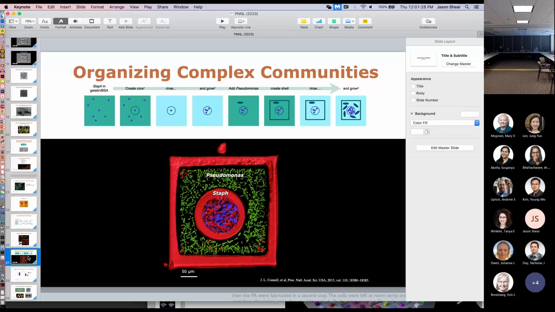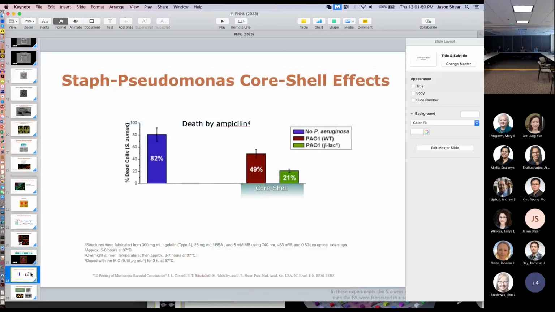And keep in mind, these are three-dimensional, they have roofs. We can then grow up these populations and examine how having Pseudomonas around Staphylococcus influences the behavior of staph.